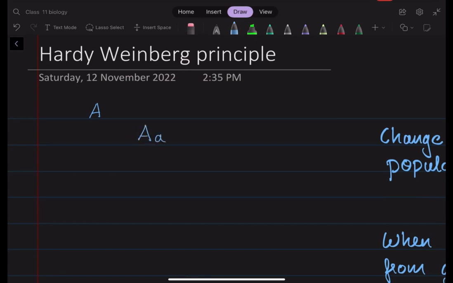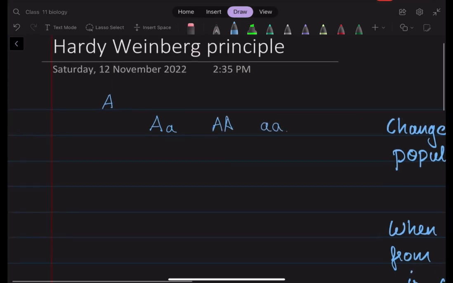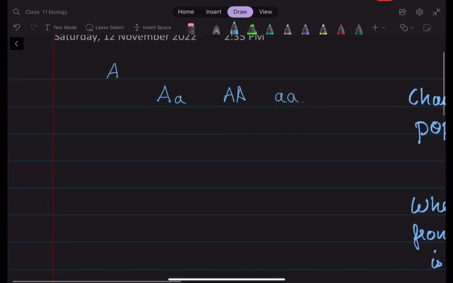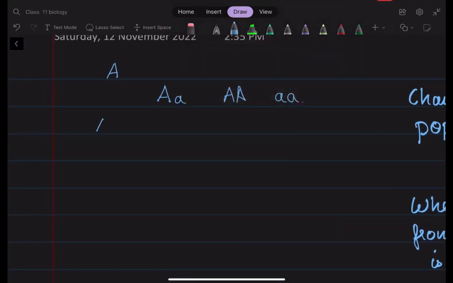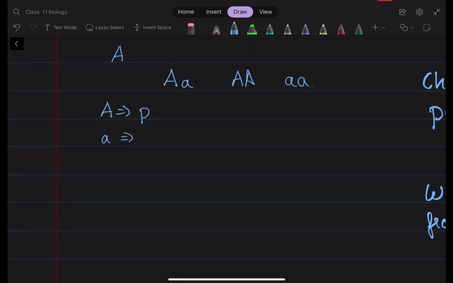So we have heterozygous, and we have two kinds of homozygous. Now, in this Hardy-Weinberg principle, we represent the dominant allele with the letter P and the recessive allele with the letter Q.